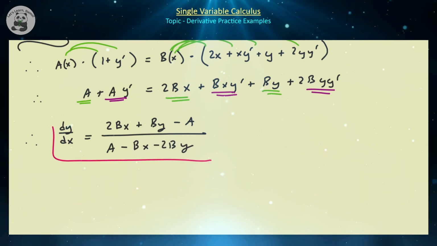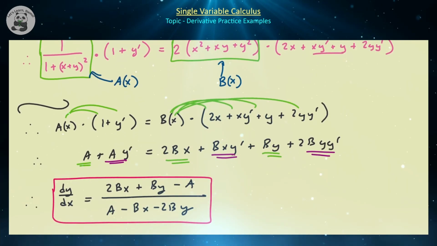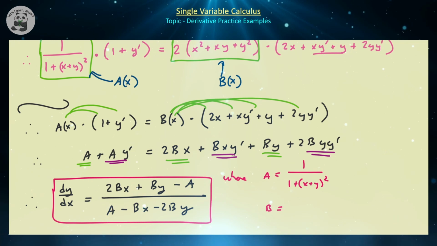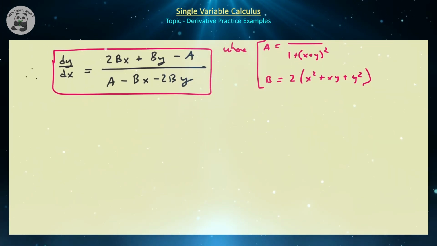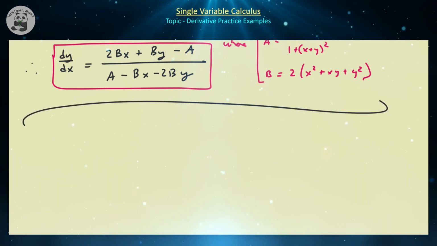And that would be your answer, where a is equal to 1 over 1 plus x plus y squared, and b is equal to 2 times x squared plus xy plus y squared. And that would probably be a preferred way of writing that particular expression. So we're using substitution to make our life a lot easier here.